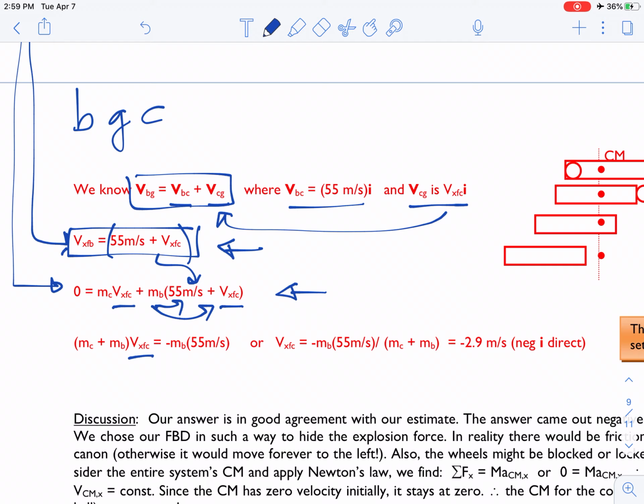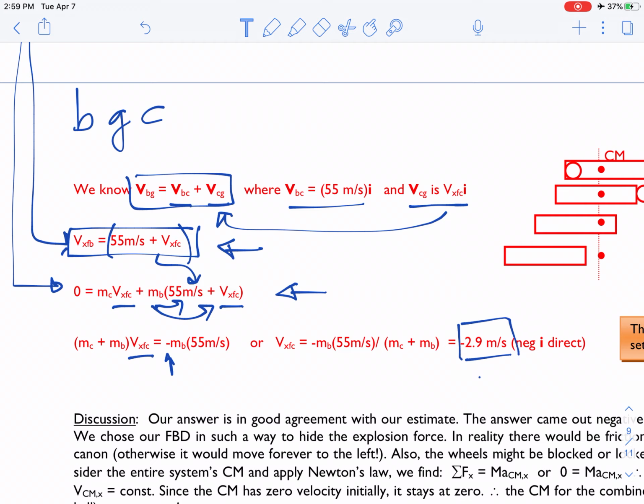But if you put that on the left side and then swap the sides, that will be negative here, as we show. So you can solve for VXFC. First of all, it's going to be negative, and it is very small, 2.9 meters per second. Again, we just need to plug in the mass values, but it's already given in the problem to get this answer. Okay, and let's box this answer.